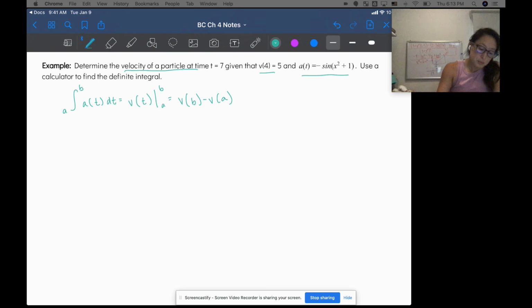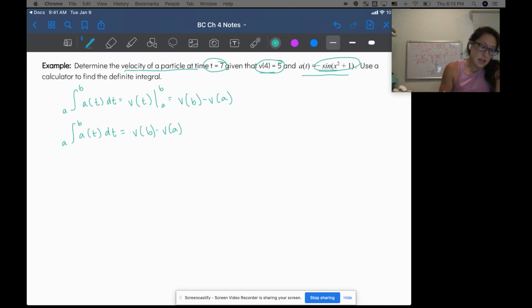Okay, so I'm just going to check out this equation that I have here. The velocity of b minus the velocity of a. And I know two things. I know what a of t is, and I know what v of 4 is equivalent to. What I don't know is what v of 7 is equivalent to.